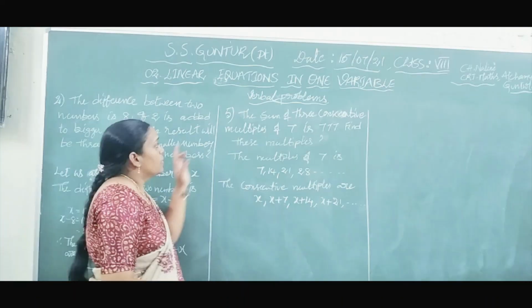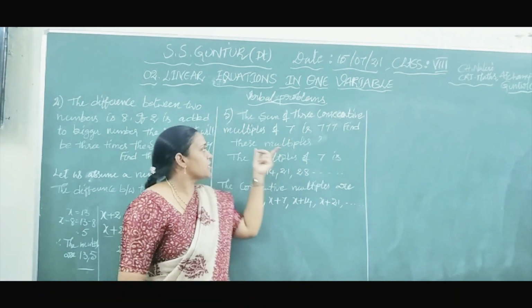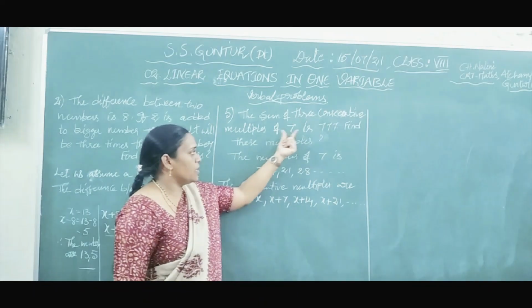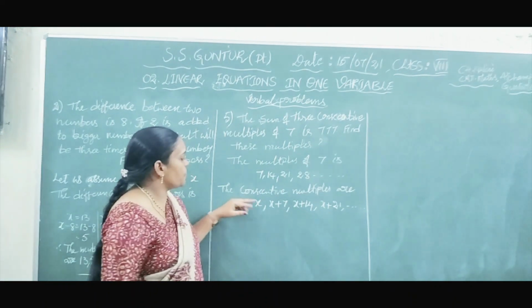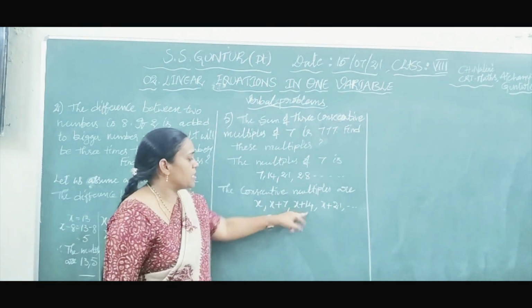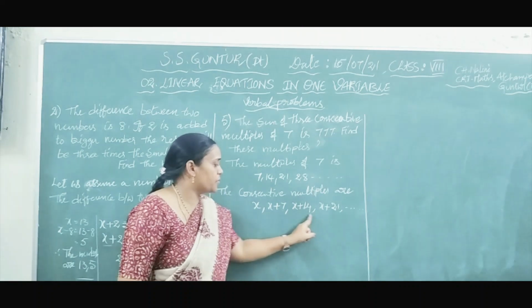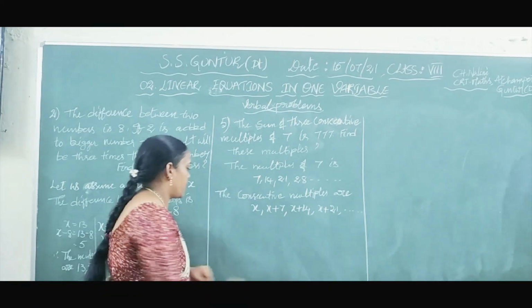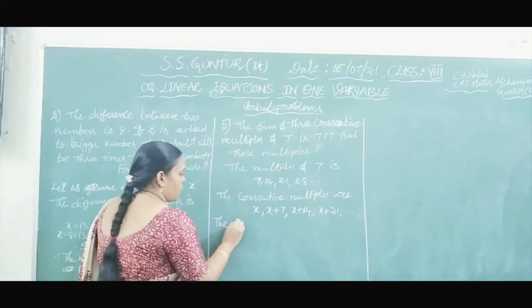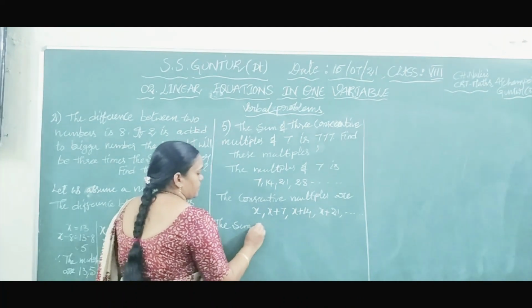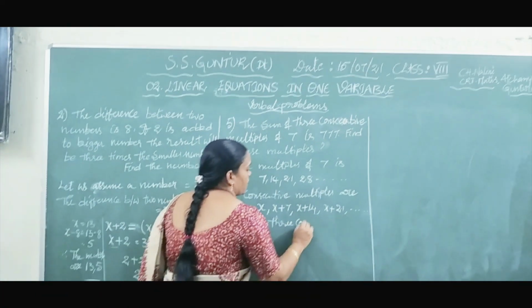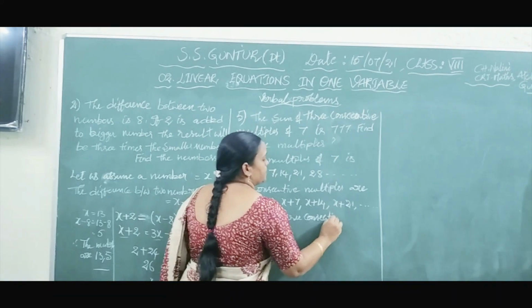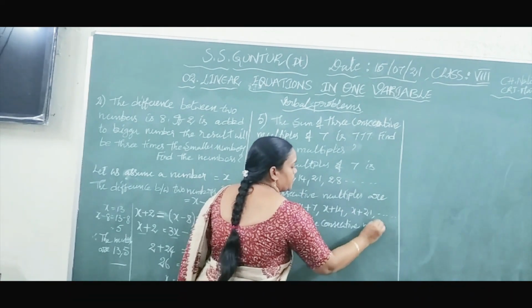Now, the sum of 3 consecutive multiples of 7 is 777. The sum of 3 consecutive multiples, you have to take the first 3.